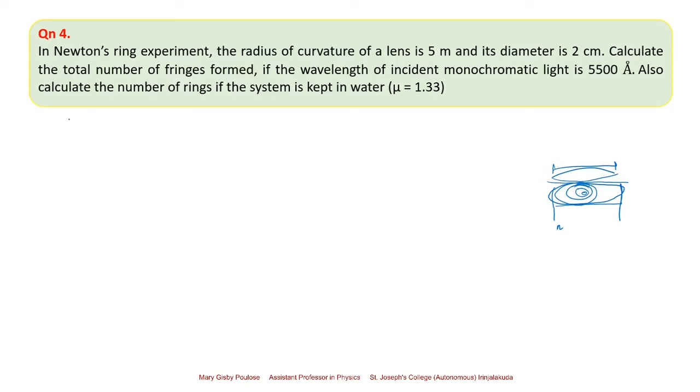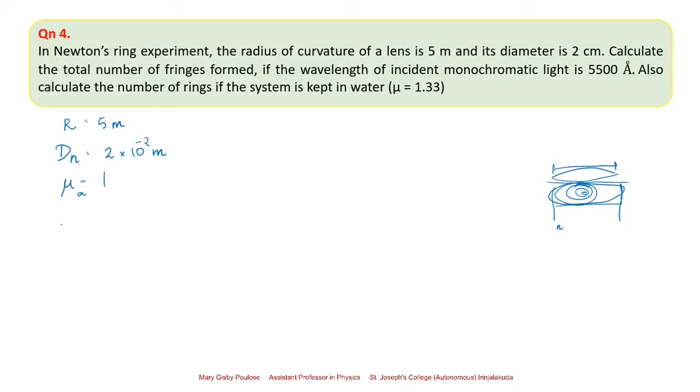Now the given parameters are radius of curvature of the lens is 5 meters. The diameter of the lens is 2 centimeters. In effect, the diameter of the nth ring, the last ring, is given as 2 centimeters, that is 2 into 10 raised to minus 2 meters. Here, if it is in air, the refractive index of air is 1.